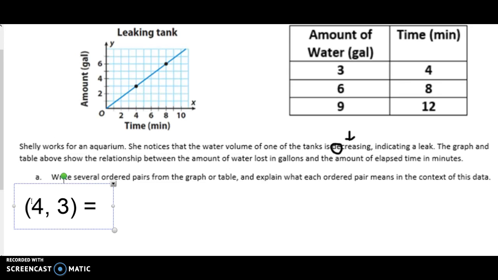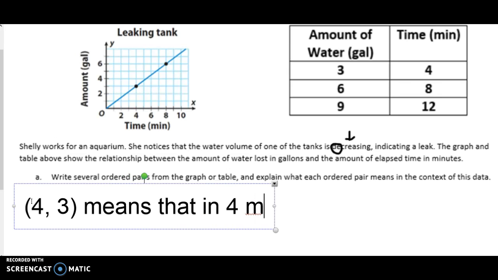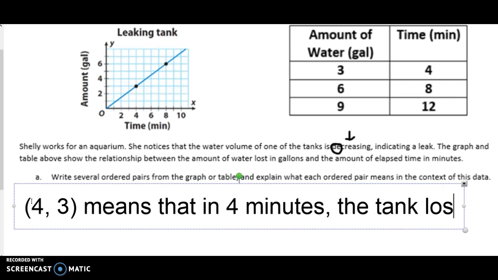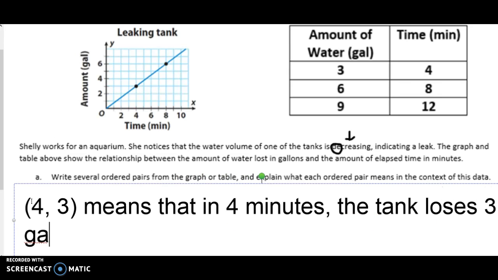Well, then I want to think to myself, what does that actually mean, this (4, 3)? This means that in 4 minutes, the tank loses 3 gallons. That same information is indicated here in my table.